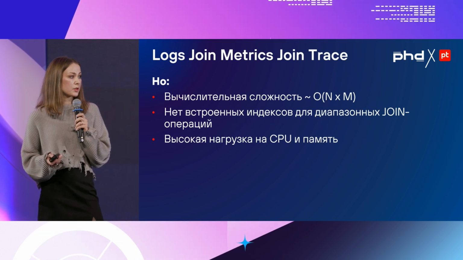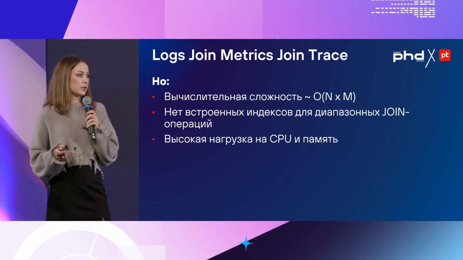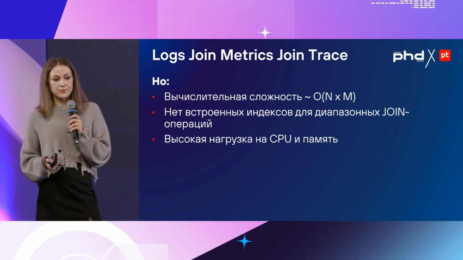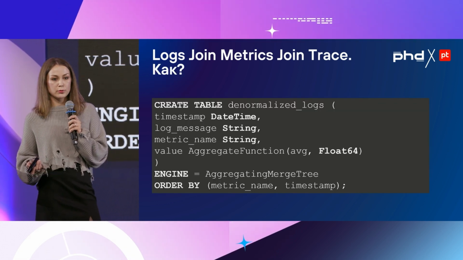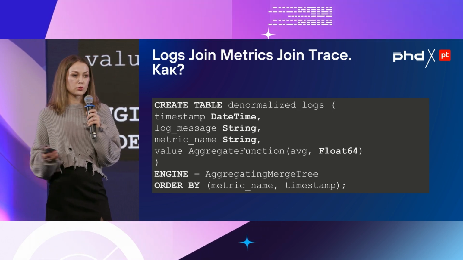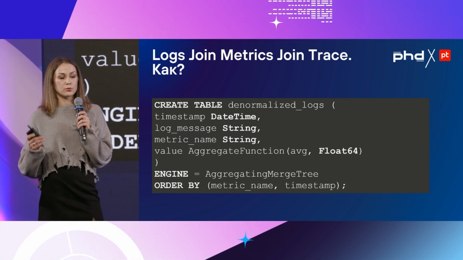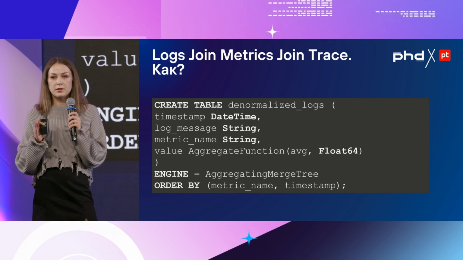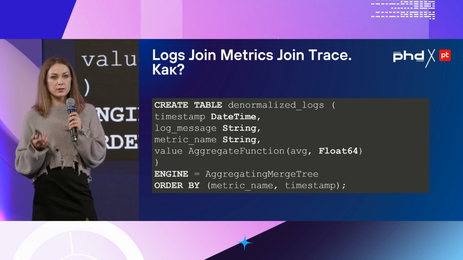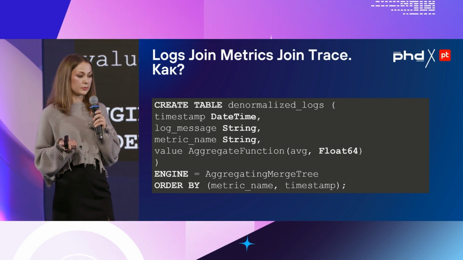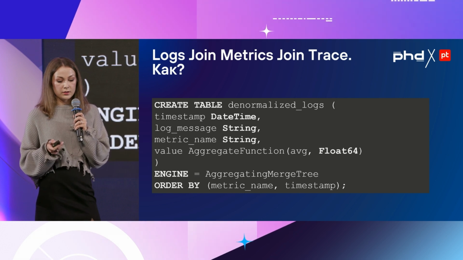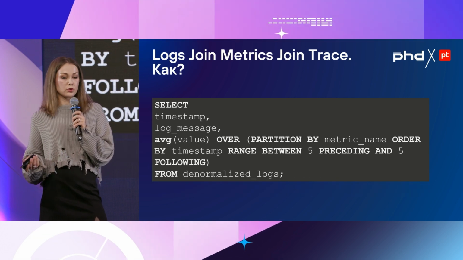Everything will be slowed down, and ClickHouse doesn't have inbuilt indices for join operations, and we have to think about what to do. ClickHouse likes wide data tables with logs, metrics, traces, and something else. But once again, this operation should come from the client, and the client should write in a wide table.